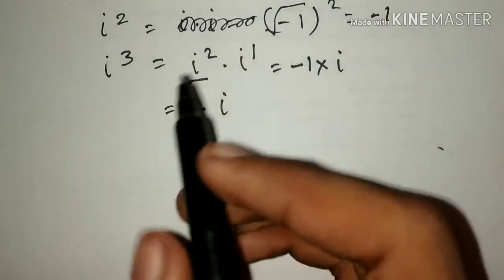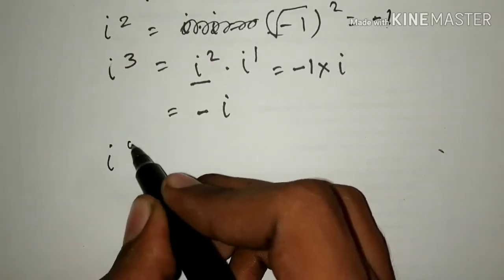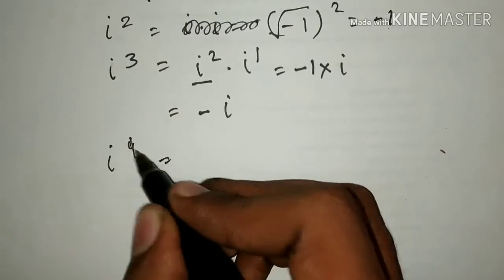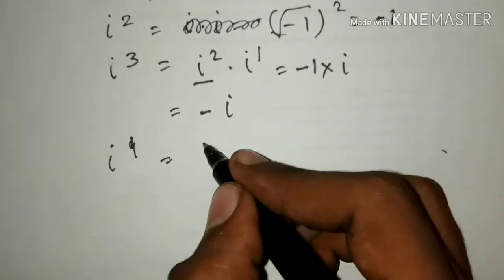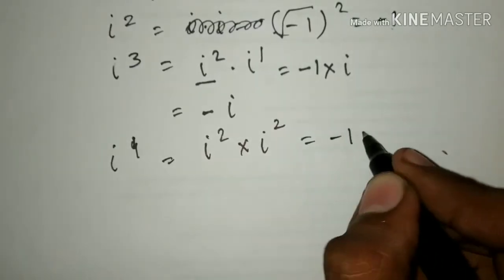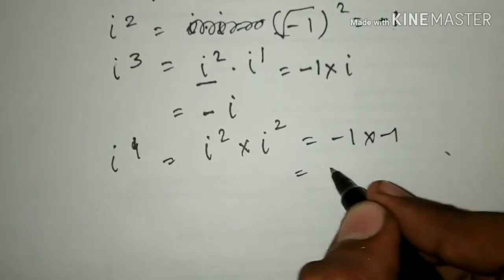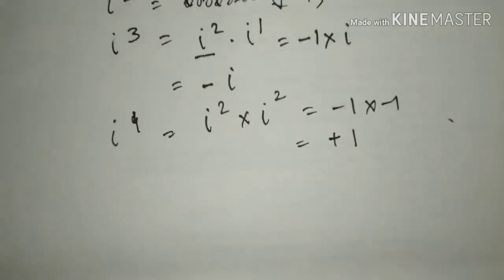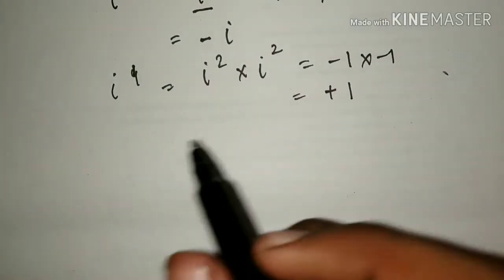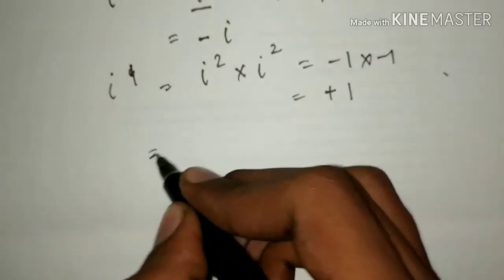Now if you have i to the power 4, then that's equal to i square into i square, and we write this as -1 into -1, that is +1, right?